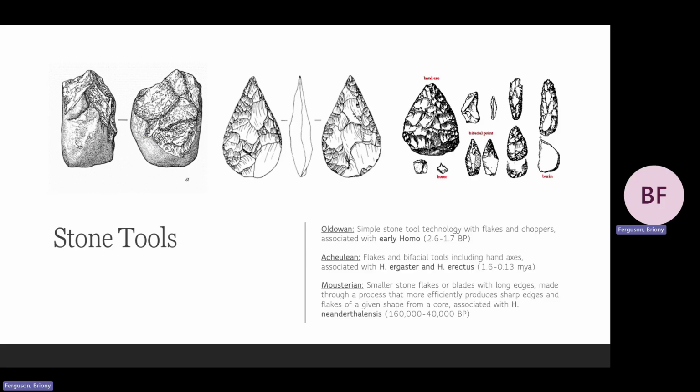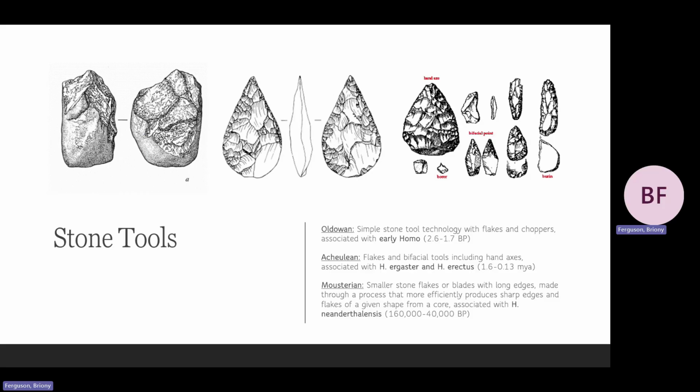So Neanderthals had a very wide kind of stone tool technology going on. They were making flakes, they were making hand axes, they were making bifacial points, so they were sharpening both sides, but they were also doing it much more efficiently.